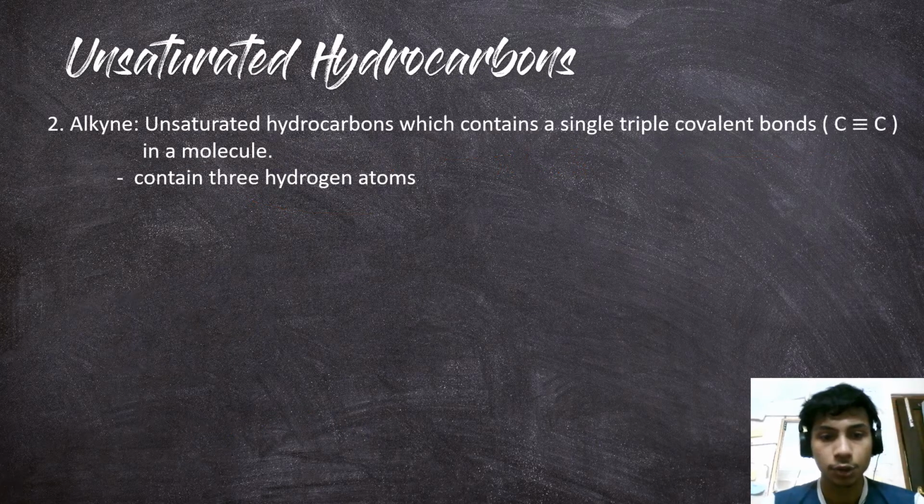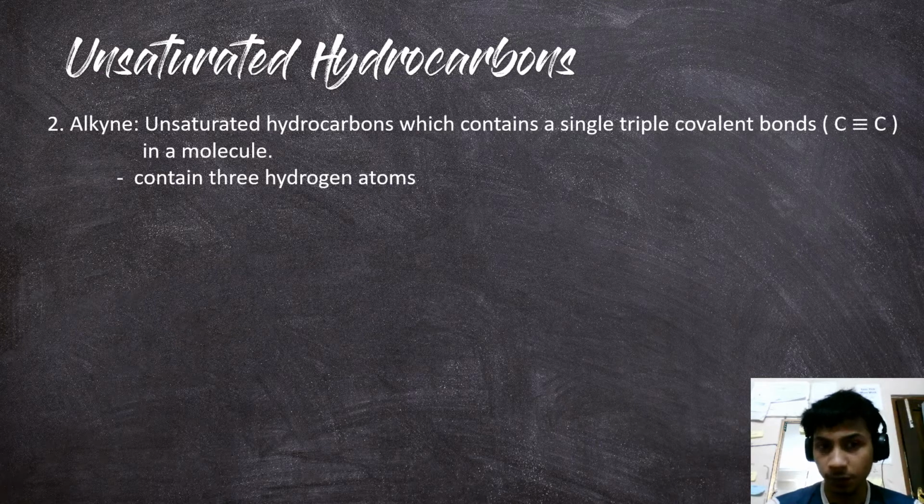Previously we discussed alkenes. Unsaturated hydrocarbons include alkenes and alkynes. Saturated hydrocarbons have sigma bonds and are very stable and less reactive. But unsaturated hydrocarbons include both double and triple bonds, and are less stable but more reactive.